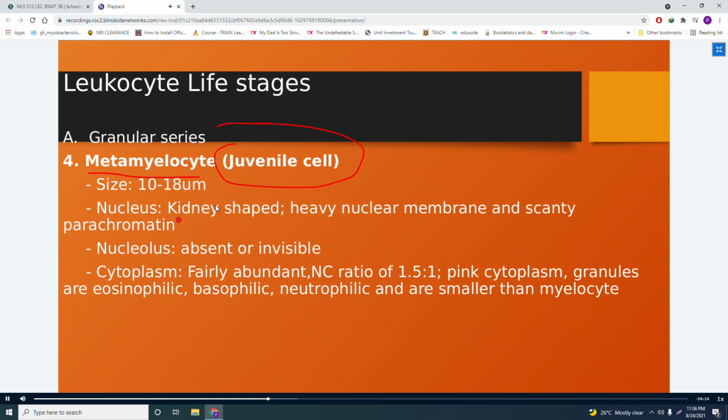The nucleus can be kidney-shaped, with heavy nuclear membrane and scanty parachromatin. So class, if the question is the cell in your granular series with kidney-shaped nucleus, your answer is your metamyelocyte.